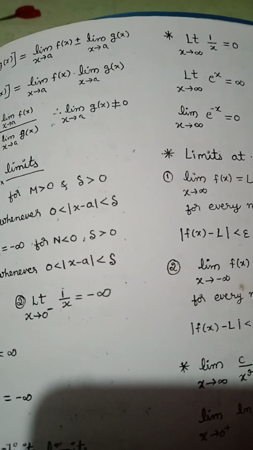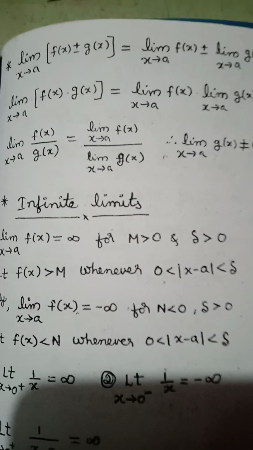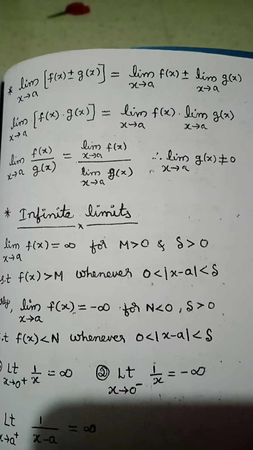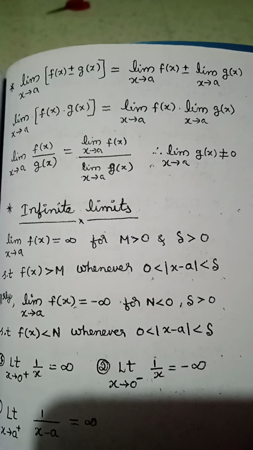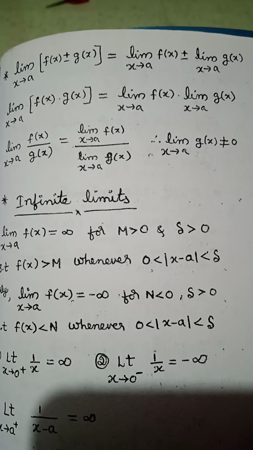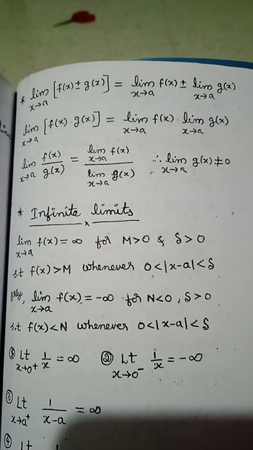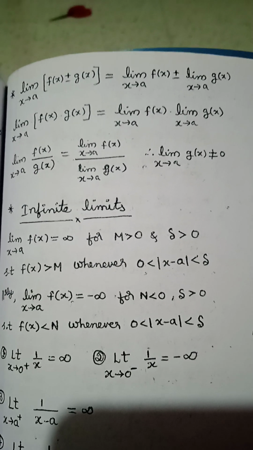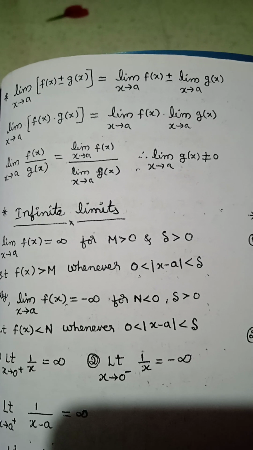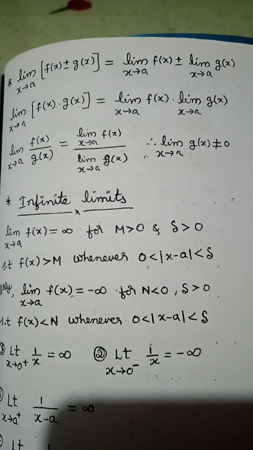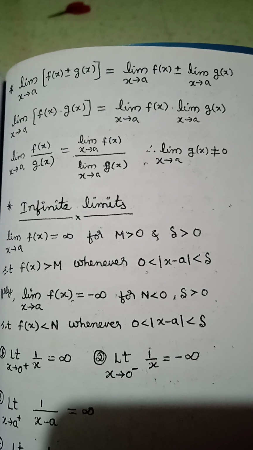Now we move on to algebra of limits. Limit x tends to a f of x plus or minus g of x equals limit x tends to a f of x plus or minus limit x tends to a g of x. Plus means plus, minus means minus.